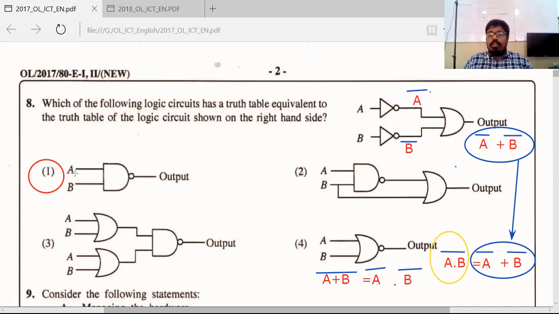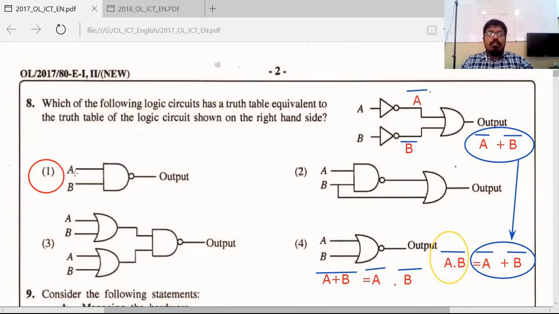That's why I gave you the De Morgan's theorem. So based on De Morgan's theorem, when we consider in reverse, you can get the answer as A dot B holding bar, which is the NAND gate. First answer option, right?